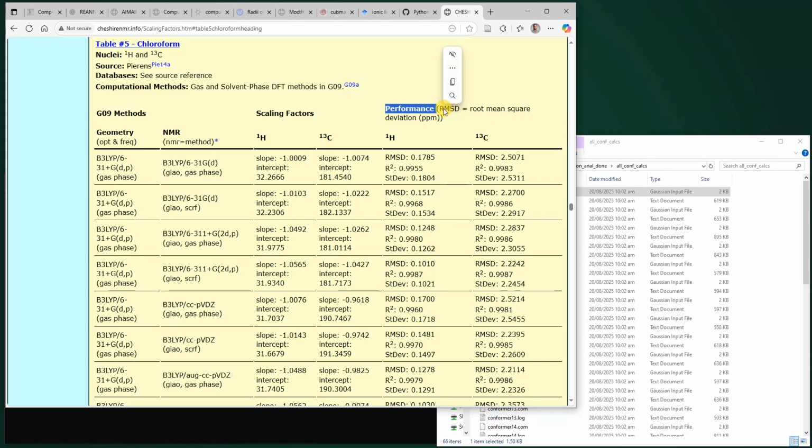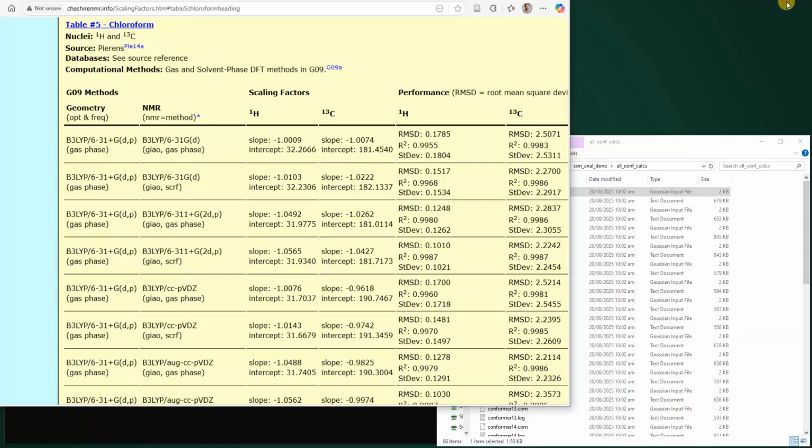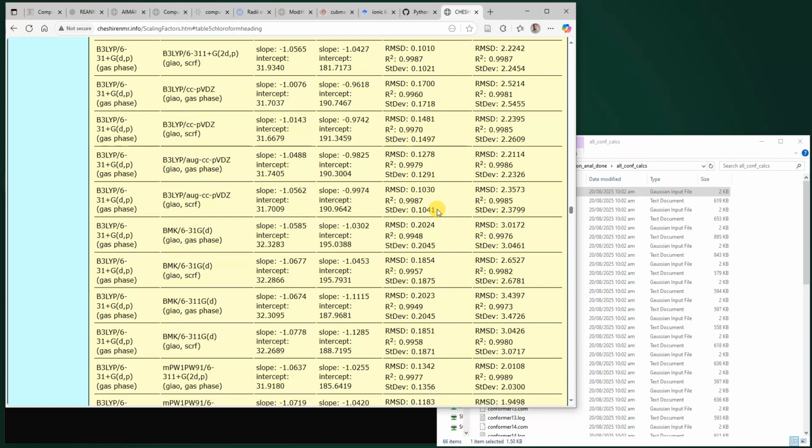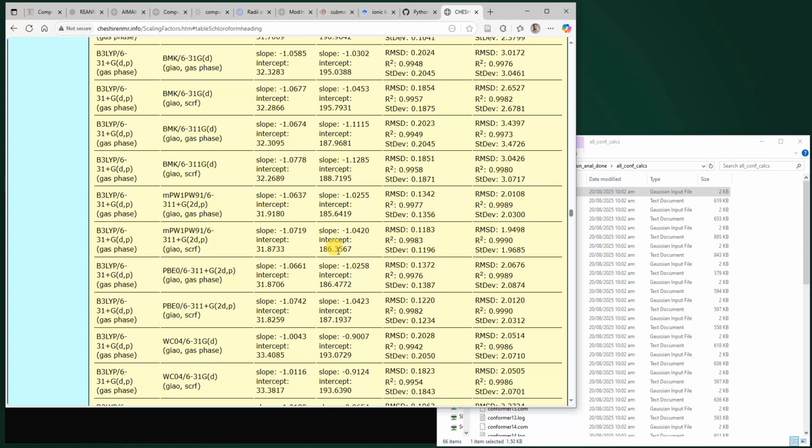It also has the root mean square deviation value, the standard deviation, and the value of R square. So you can choose whatever suits you the best, but I chose, which one was it?